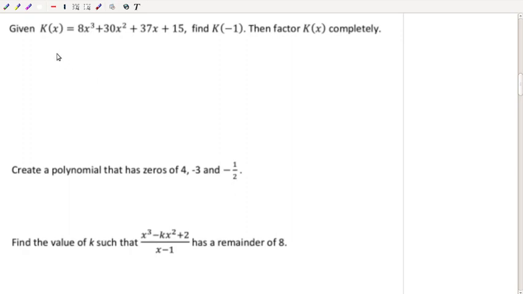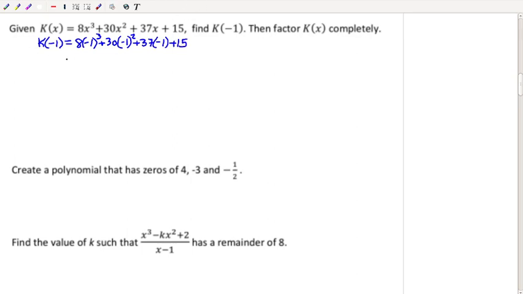So, given this polynomial k of x, we want to find k of -1, and then hopefully that will help us factor it completely. So what we want to do is evaluate -1 in for each of my x values. k of -1 is going to be 8 times -1 cubed plus 30 times -1 squared plus 37 times -1 plus 15.